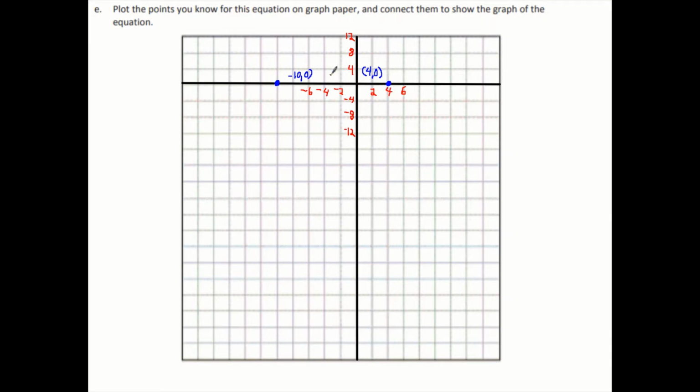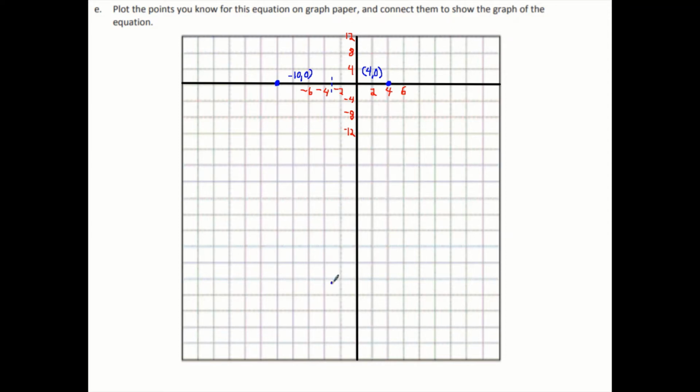It was along our line of symmetry, which lies right here where x is equal to negative 3. And it goes all the way down to negative 49. So 4, 8, 12, 16, 20, 24, 28, 32, 36, 40, 44, 48. So 49 is going to be right around here.